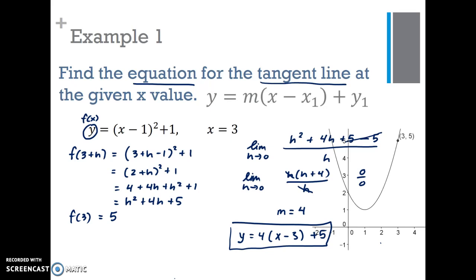I'm going to show you a picture of what that looks like. So remember, this is a parabola with a vertex at 1, 1, and the point 3 comma 5 is on the parabola. And the tangent line that we just wrote the equation for touches at 3 comma 5 and has a slope of 4, so notice how steep that is. That's the slope of the curve at that point as well. So that's important to understand what we just did.